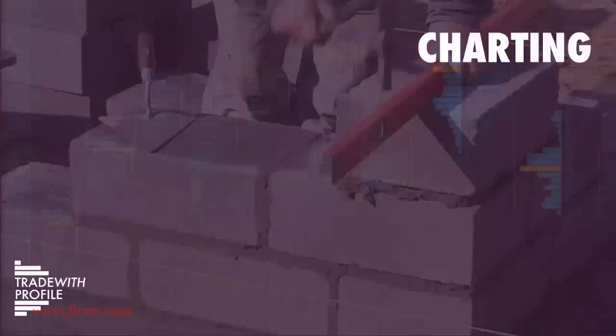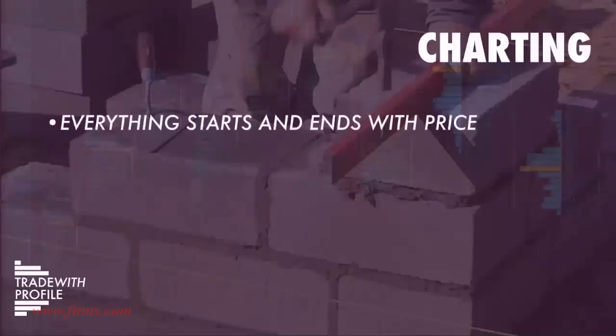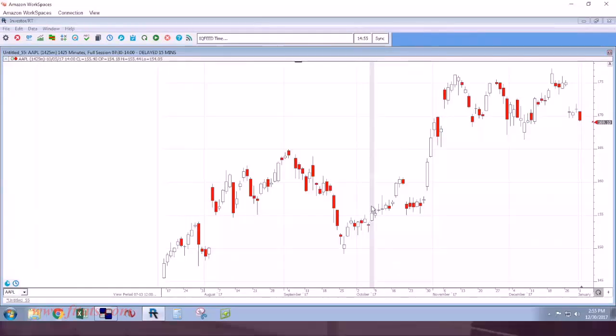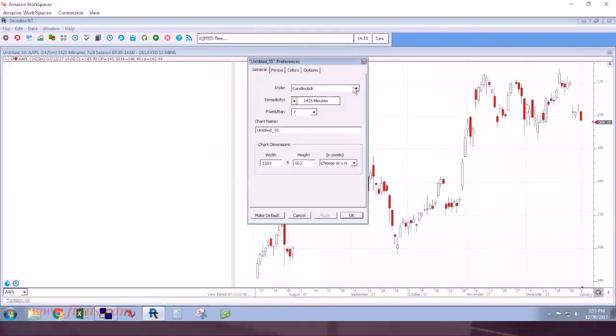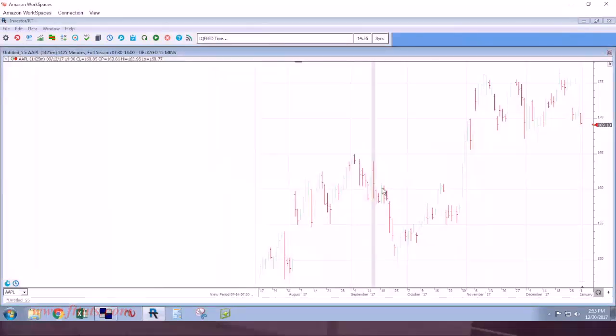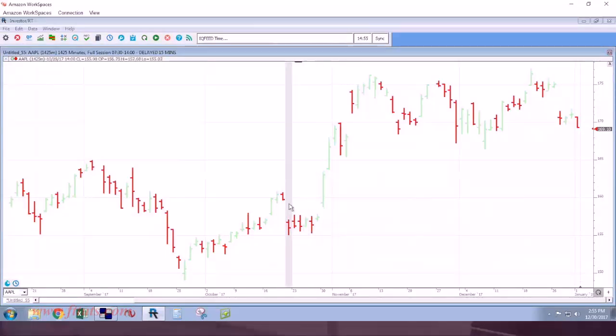Let's talk a little bit more about some charting, since we pulled up one chart. Everything starts and ends with price. It's really easy to just get off the rails in your charts. Always start like this. A lot of guys who've been in the industry for a long time don't use candles, but they use bars like this, which is just an open, high, low.